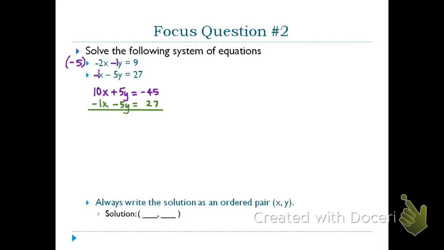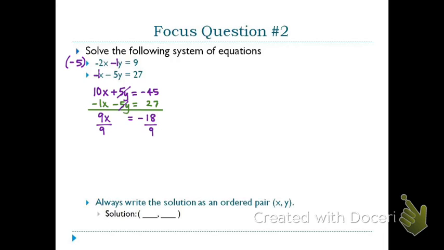So, not the x's though. We subtract with those. We have 9x. The 5y's cancel. So 9x is equal to, subtracting in the back, negative 18. 9x equals negative 18. Cool. One step to solve. Let's go.